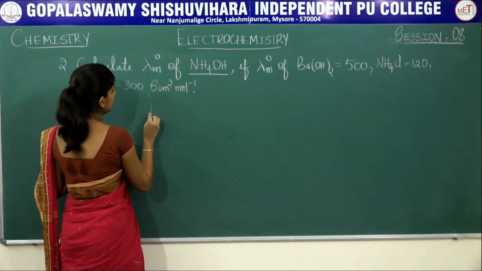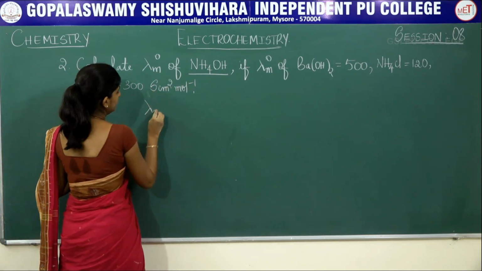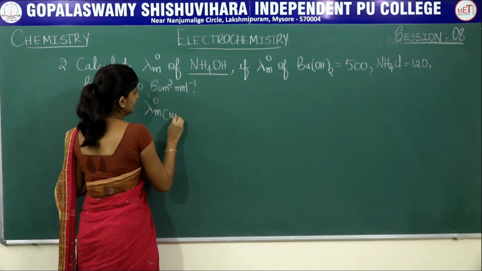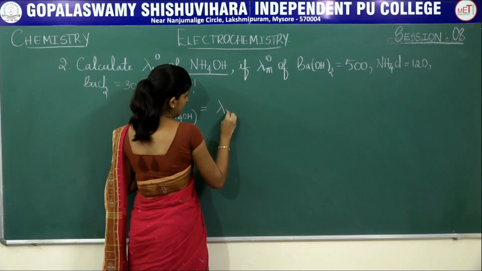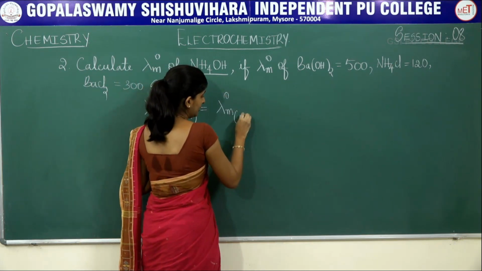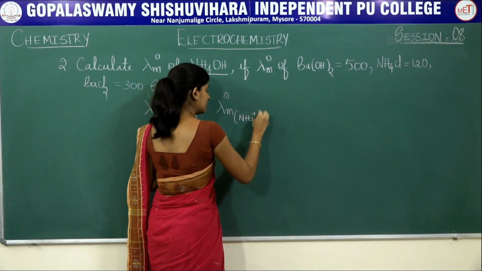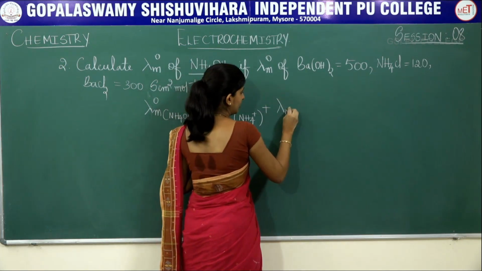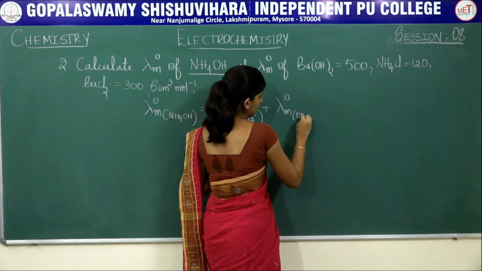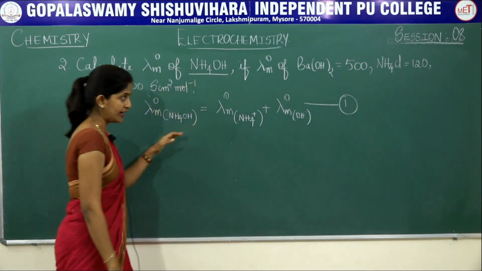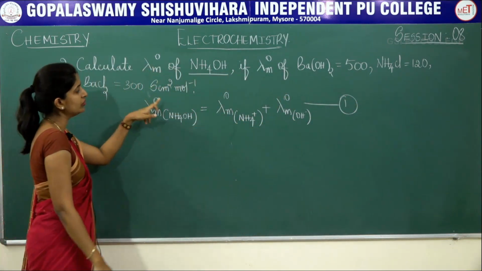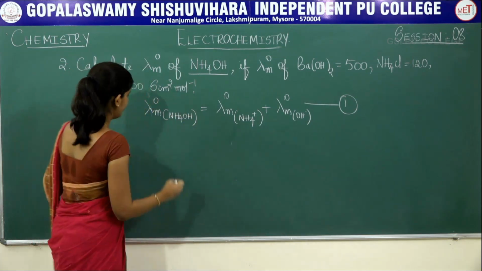So lambda m naught of ammonium hydroxide is equal to lambda m naught of NH4 plus lambda m naught of OH minus. This is your equation 1 and this is the equation required. Using these three electrolytes, you have to deduce this equation.